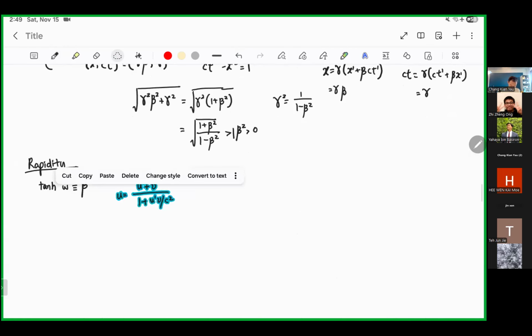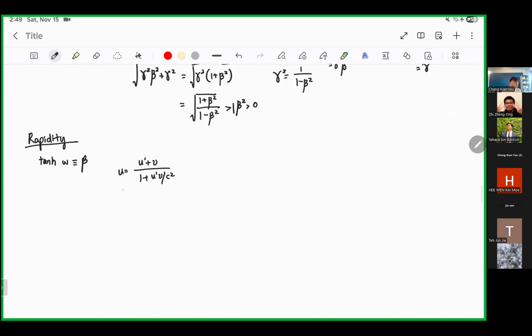If I write it in terms of beta, beta 1, beta 2, beta 3, and divide by c, I get beta 1 equals beta 2 plus beta 3 over 1 plus beta 2 beta 3, where u prime divided by c is beta 2, and v divided by c is beta 3.